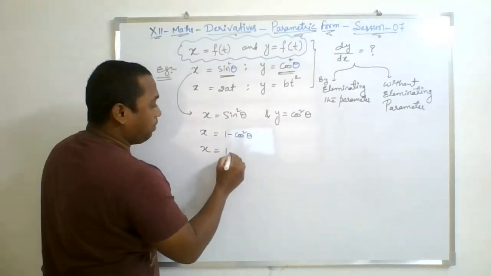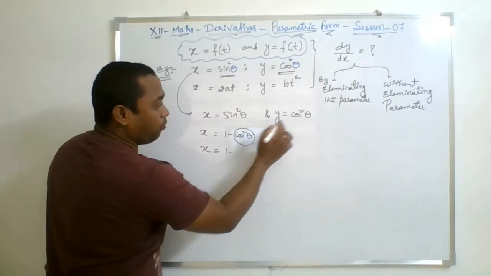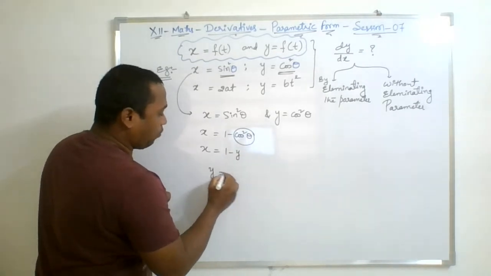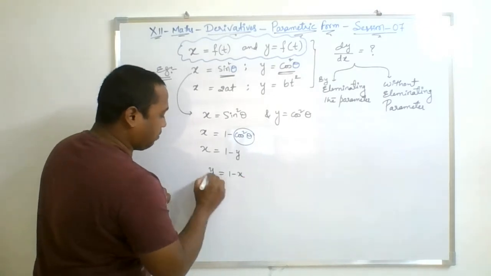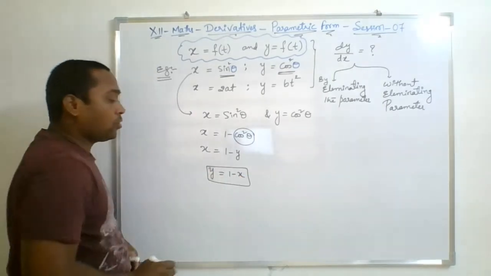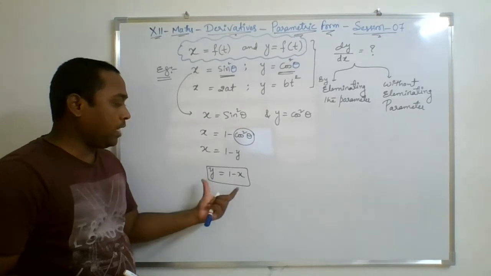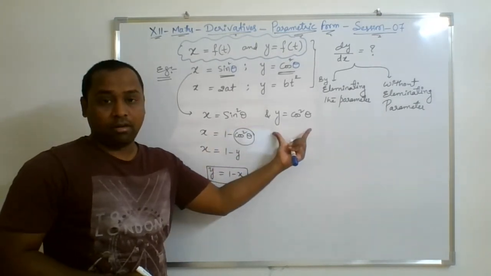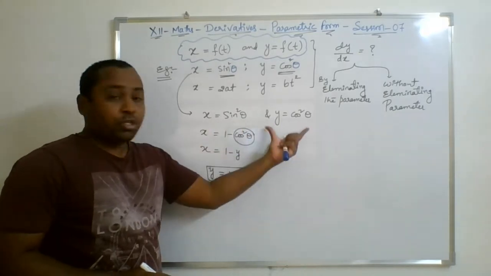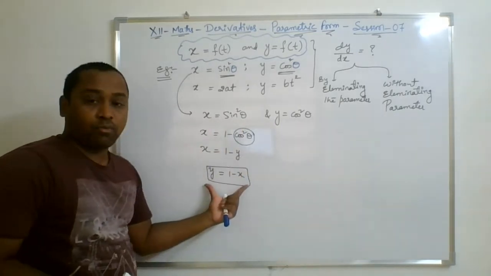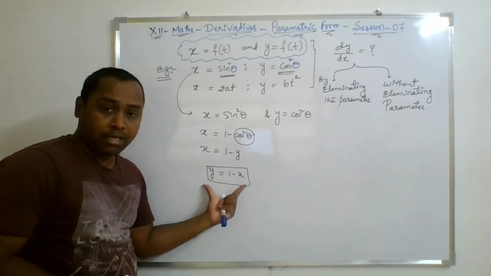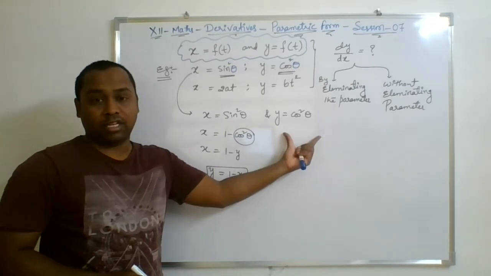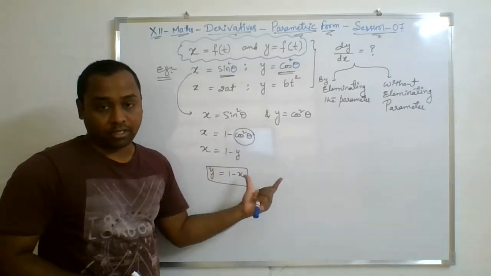Now I can replace cos square theta with y. Hence I got the equation y is equal to 1 minus x. So now I was able to eliminate the parameter, the common variable through which I can relate x and y. So x and y can be related by eliminating the common variable, that is the third variable that we called the parameter.